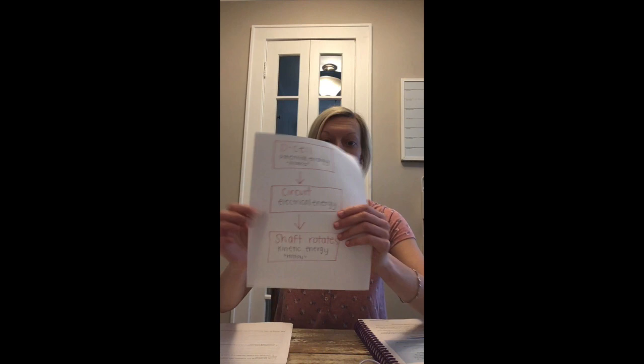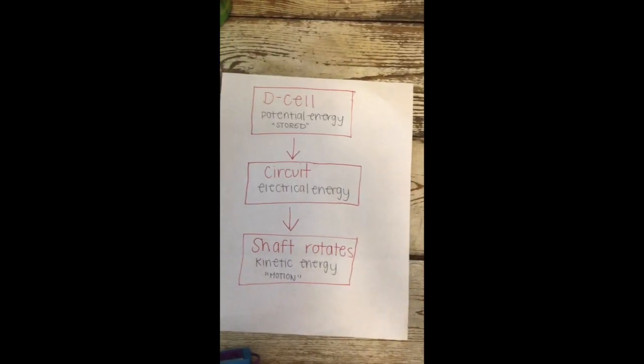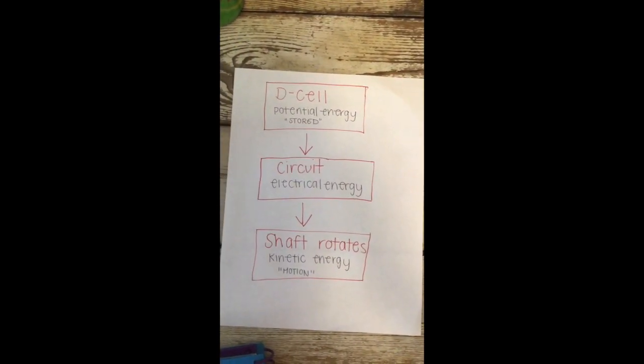And I made a chart to show that, and I'll show you right here. So here it is again. The battery has the stored energy that is going through, which is the electrical energy through the wires, and the shaft moving is the kinetic energy.